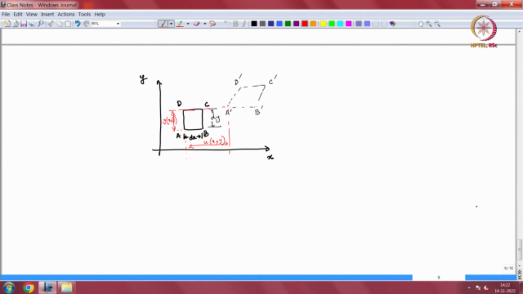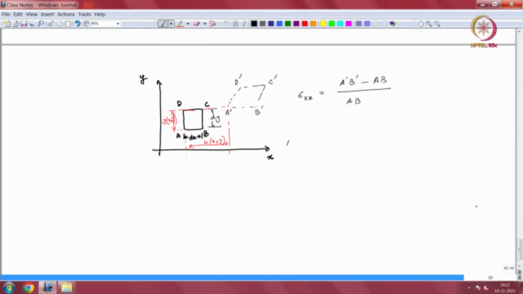So, now in this particular case, we will say that there has been an extension in the length of my box, and this extension I will define as the increase in length in the new configuration minus the length in the previous configuration divided by the length in the previous configuration.